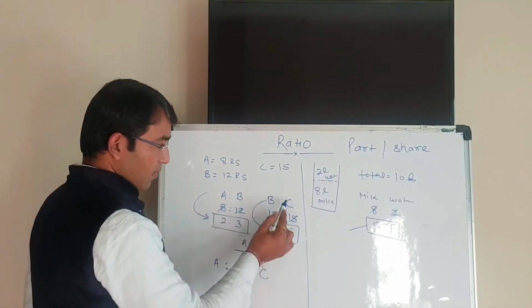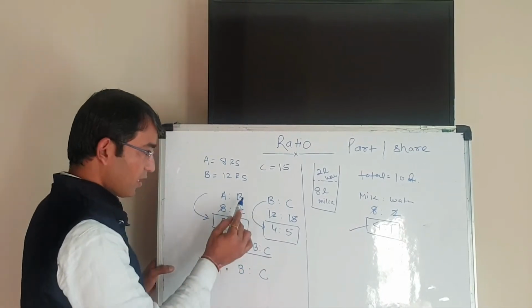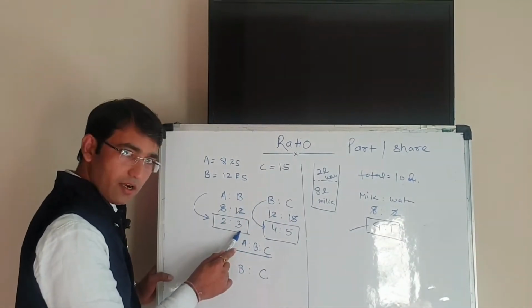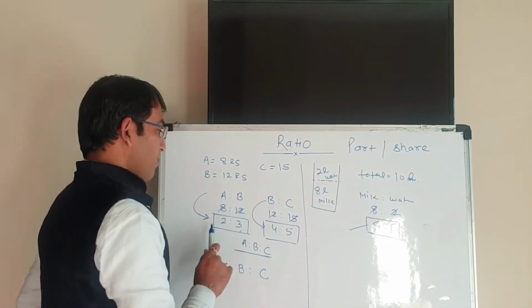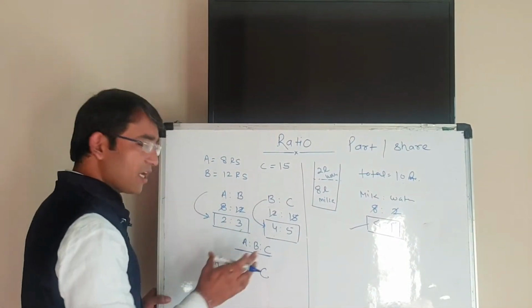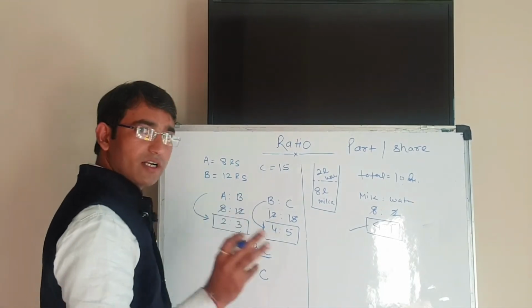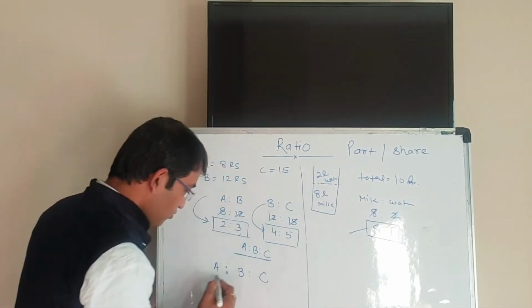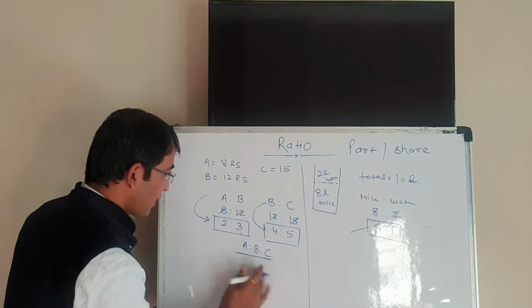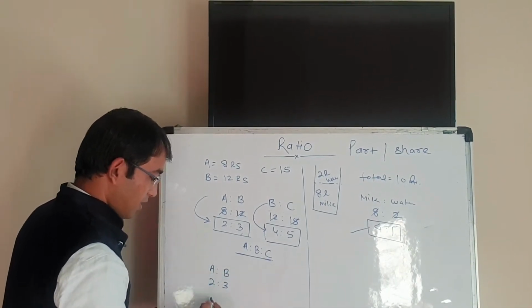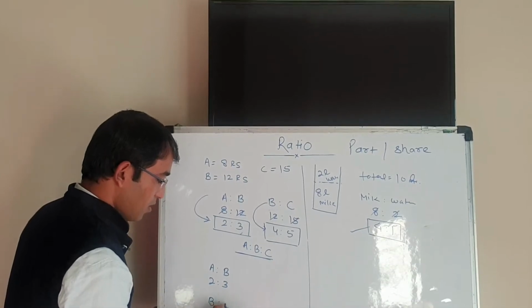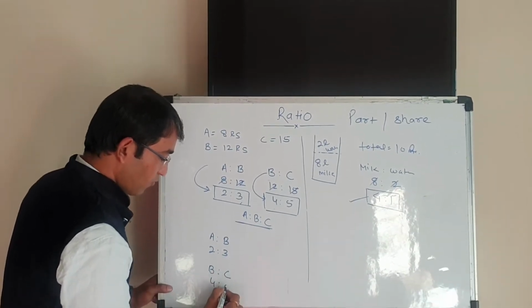Here is a B and here is a B. But the ratio value of B is 3 here, and the ratio value of B is 4 here. So we have to convert the B to the same value. So if we take A ratio B is 2:3 and B ratio C is 4:5.